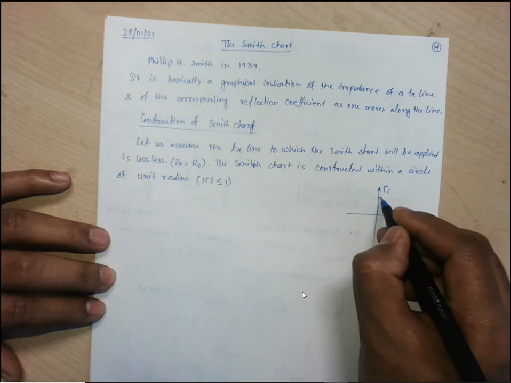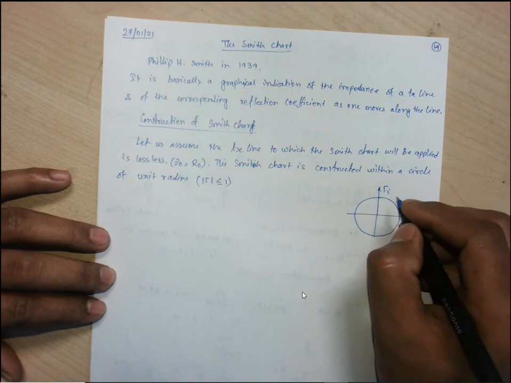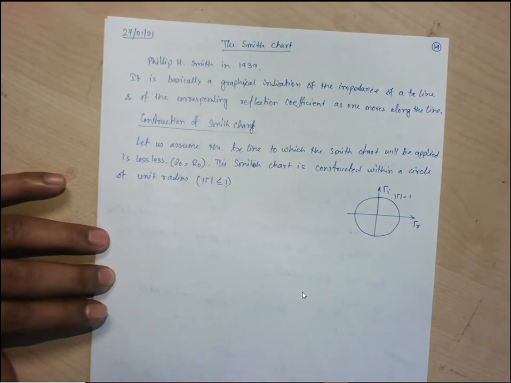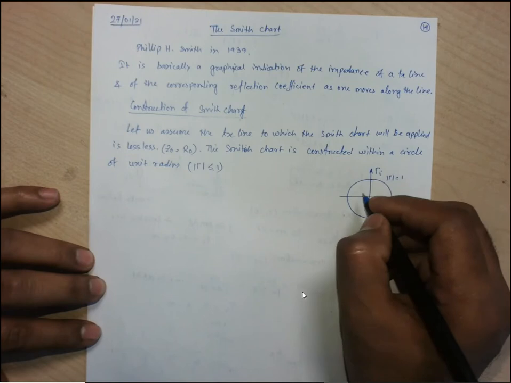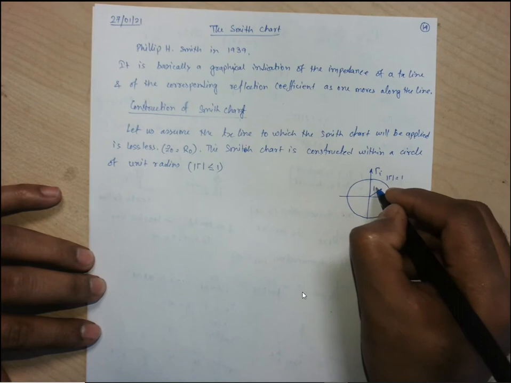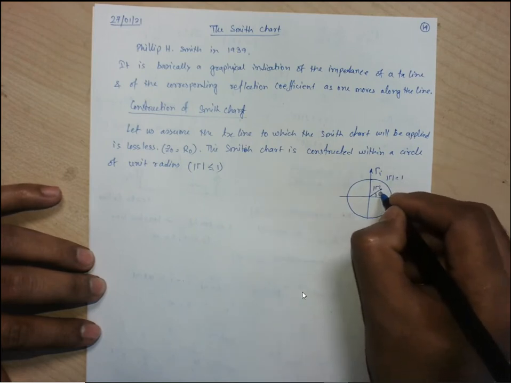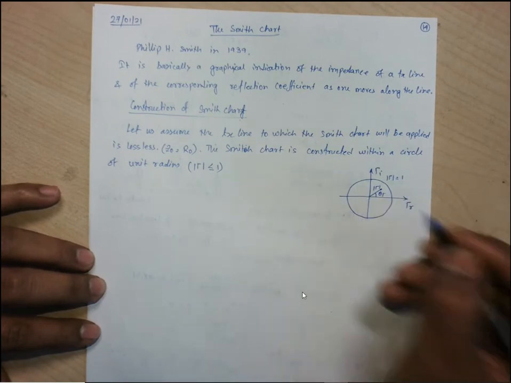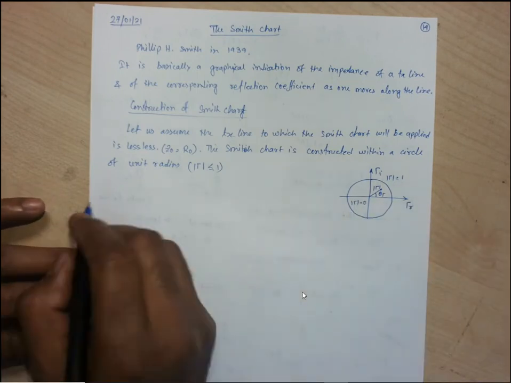The Smith chart will be within this circle of radius 1, that is gamma equals 1. Within this circle we have our total Smith chart. We can have different values of gamma with different radius, at a certain angle with the real axis, and at the origin we'll find that gamma equals 0.